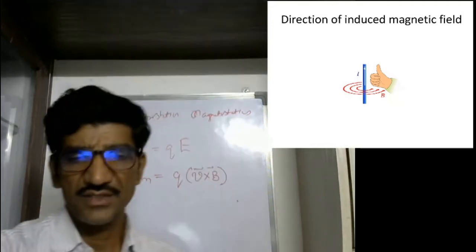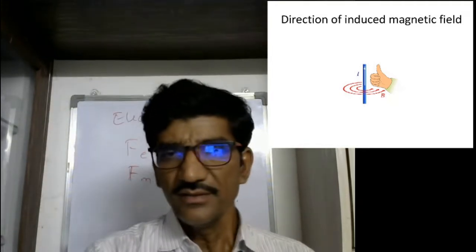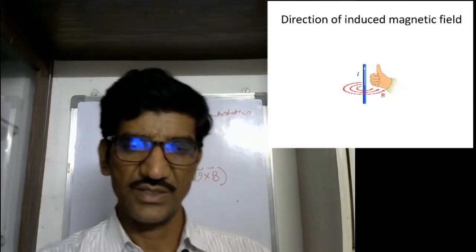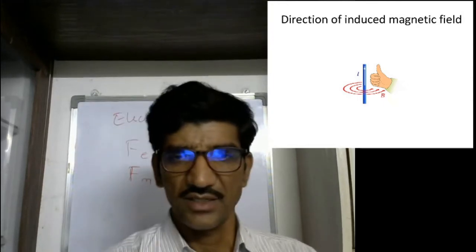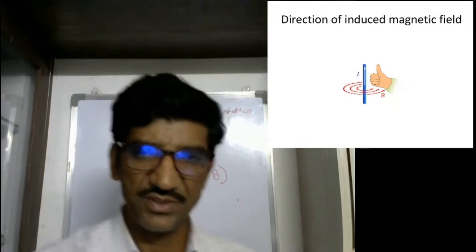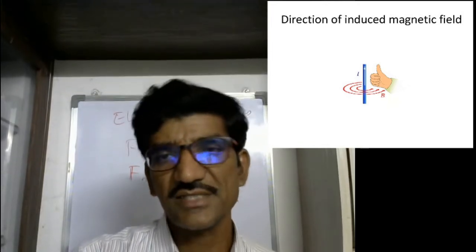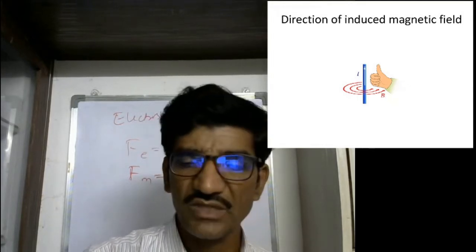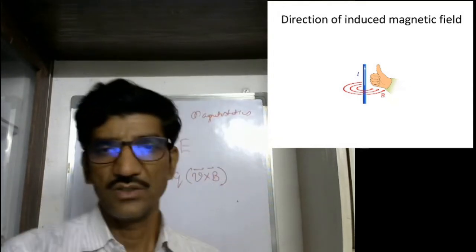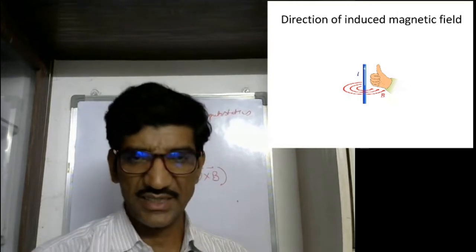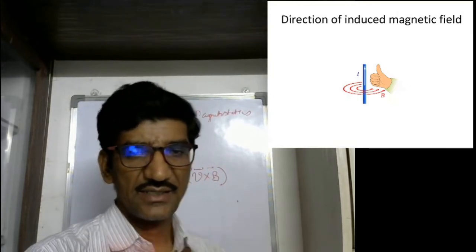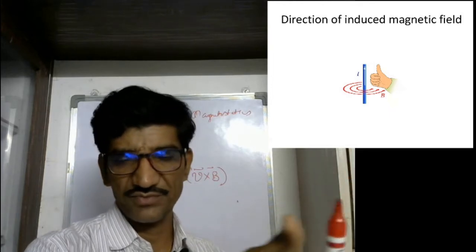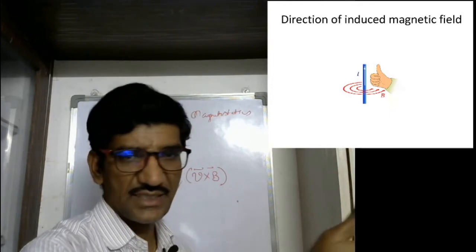One thing you see in the slide: what is the direction of the induced magnetic field? We already discussed the induced field of the current passing through a wire. The direction of the induced magnetic field is given by the right hand thumb rule. You hold the wire with your right hand by curling your fingers around the conductor.